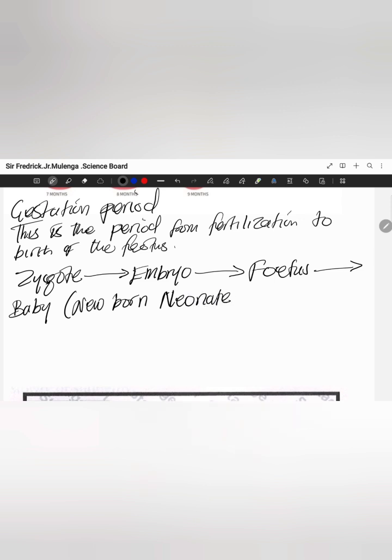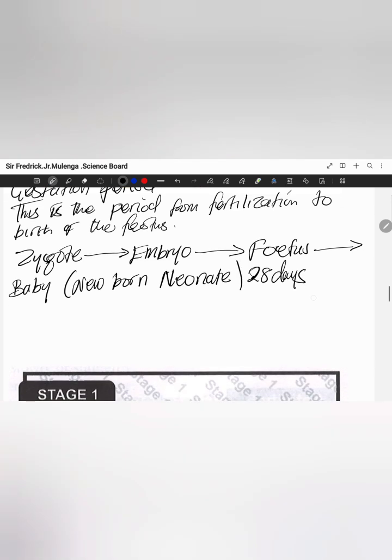This term describes the baby for the first 28 days from the day this child was born. So neonate is a term used to refer to a child for a period of 28 days from the day the child was born. That's the term we use.